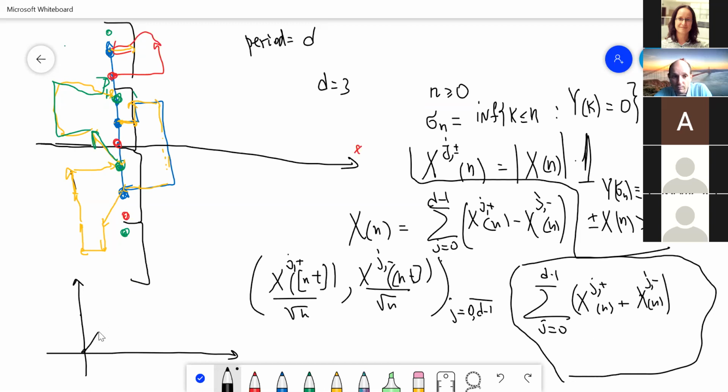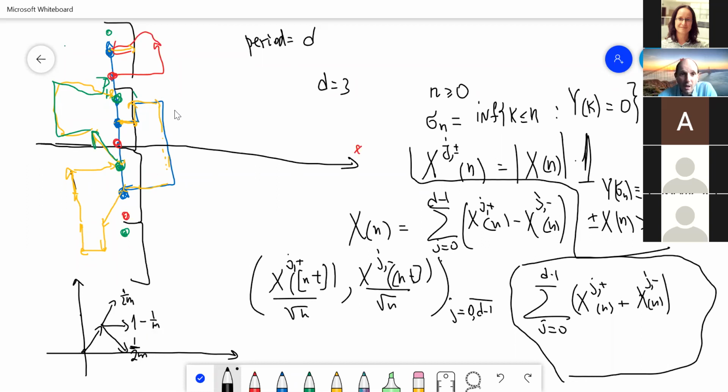If you hit 0, then you go up with probability 1. If you are above 0, you go up with probability 1 over 2m, you go down with probability 1 over 2m, and you stay in this direction with probability 1 minus 1 over m.